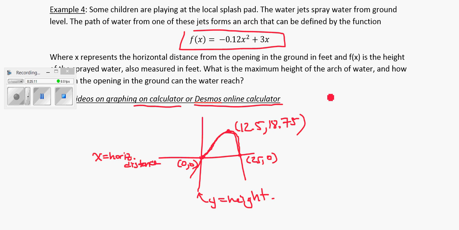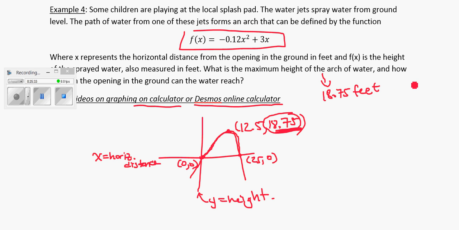And so we need to answer what's the maximum height of the arc of the water. Well, the maximum height's going to be 18.75 feet, because remember that the y represents the height. So we're going to need to use our y coordinate of the maximum point.